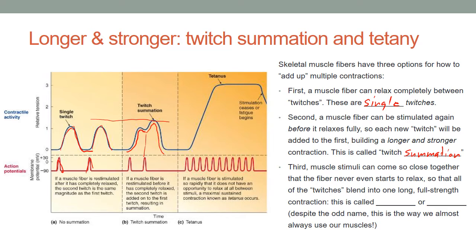So the question then becomes, what if we don't wait for the muscle contraction to start to peter off before we re-stimulate? What if we stimulate here, the muscle starts to build up, and then we stimulate immediately again, and we build up a little more, stimulate immediately again, build up a little more, and keep doing that until the muscle reaches the highest muscle tension that it can possibly get to.